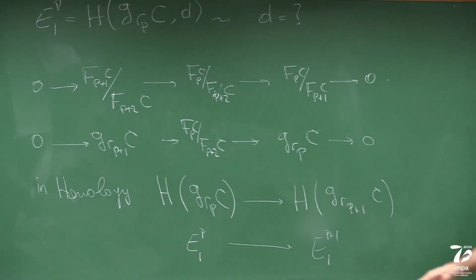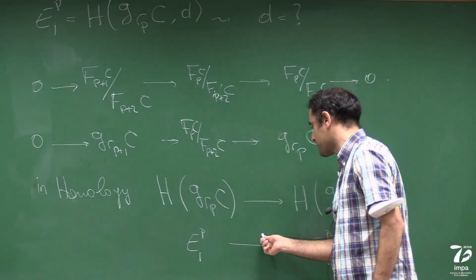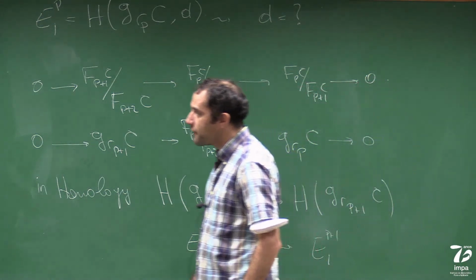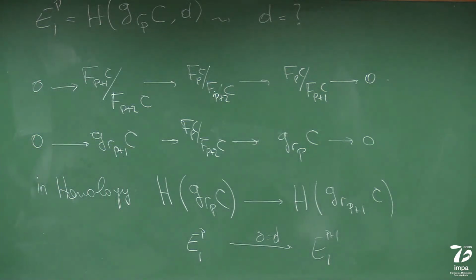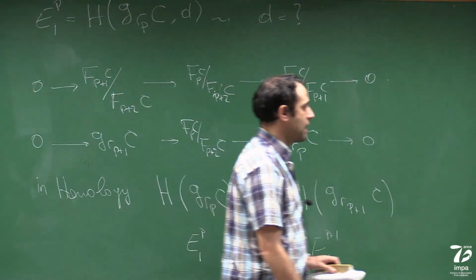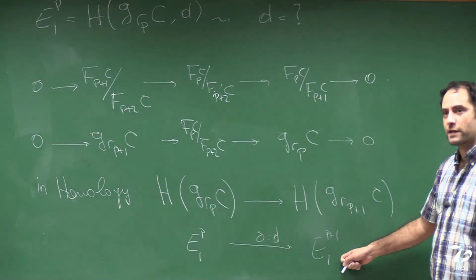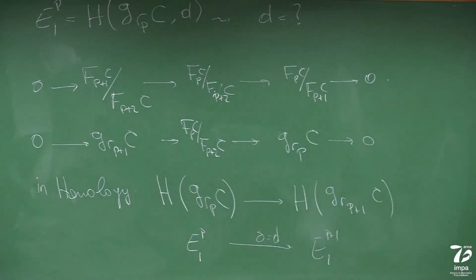And the differential is just the connecting homomorphism. Remember, we always define this differential to be the connecting homomorphism when I have this exact couple that comes from a quotient in the category of complexes. So how do you compute that differential explicitly, since it is the connecting homomorphism?